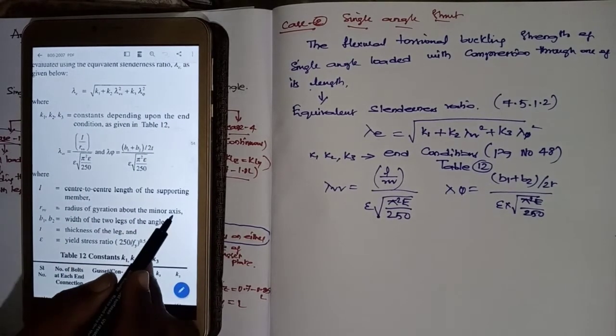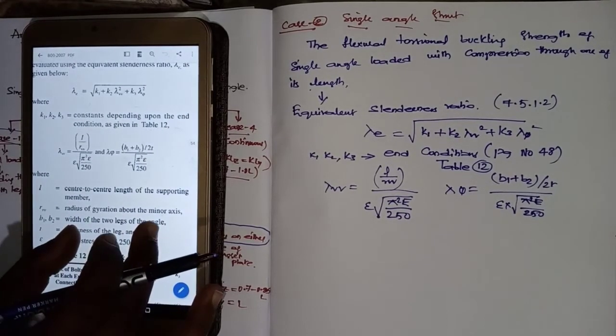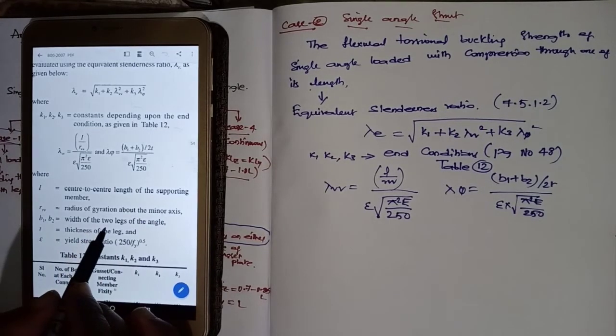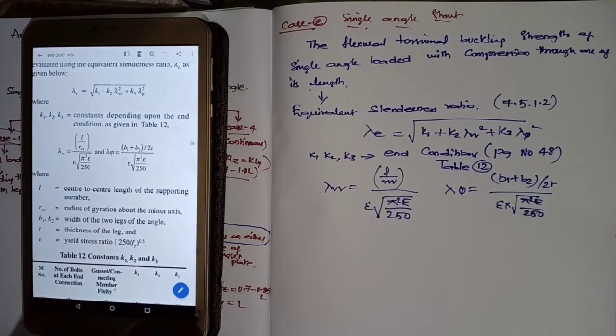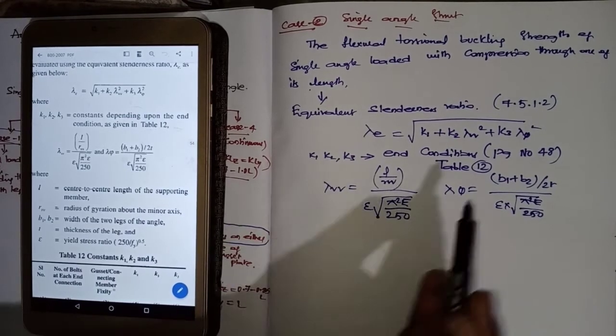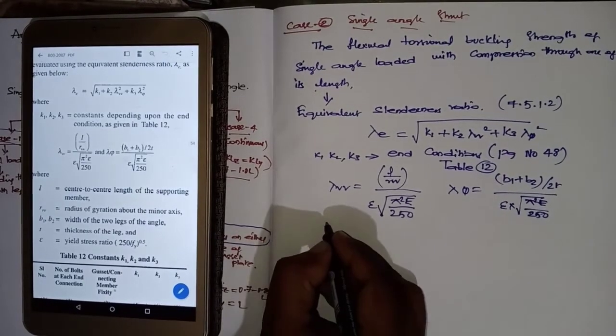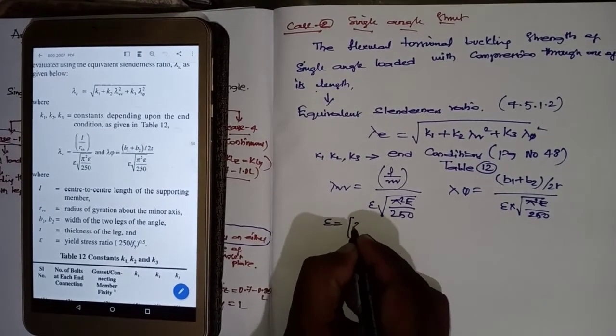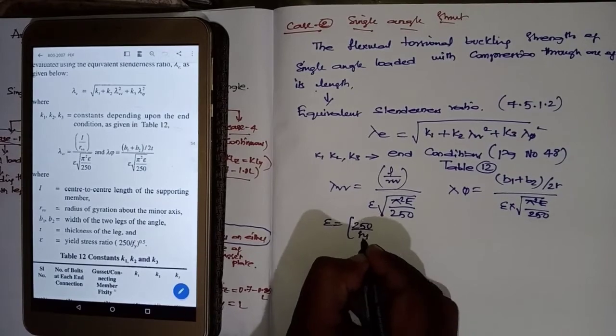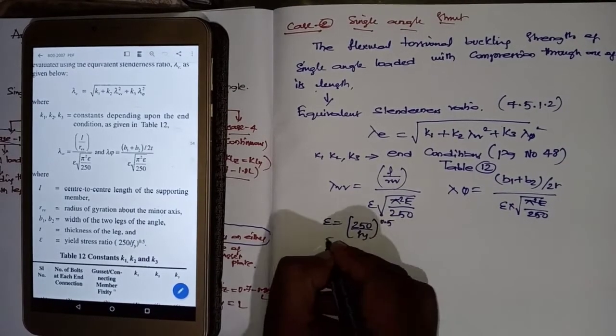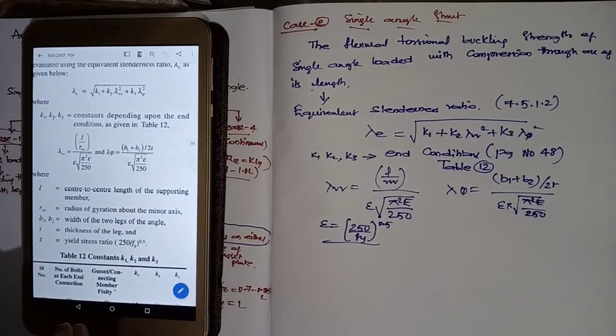You can obtain this value from the steel table. B1, B2 are the widths of the two legs. Suppose 90 by 60 by 10 mm, for example: 90 plus 60 by 2 into 10, like that you will be substituting, where epsilon equals 250 by Fy to the power of 0.5.